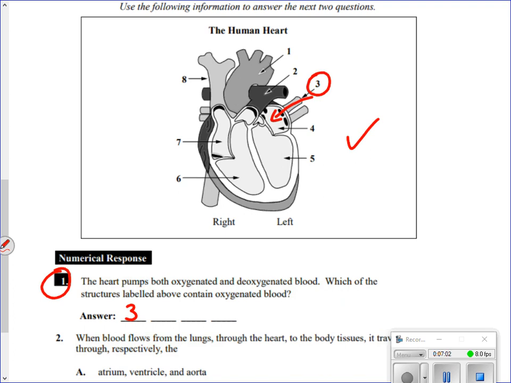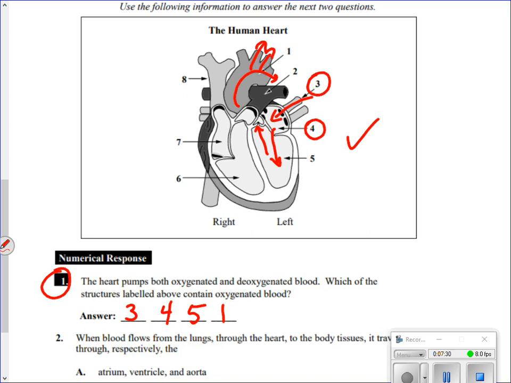That's going to enter into the left atrium, which is structure number 4, which is then going to pass the blood past the AV valve into the left ventricle, which is structure number 5, which is then going to squeeze the blood past this valve right here and out the aorta and out to the rest of the body. So that would be structure number 1. So we would go 3, 4, 5, 1.